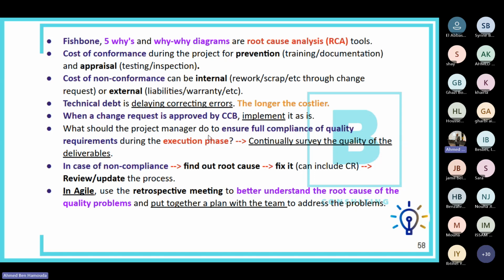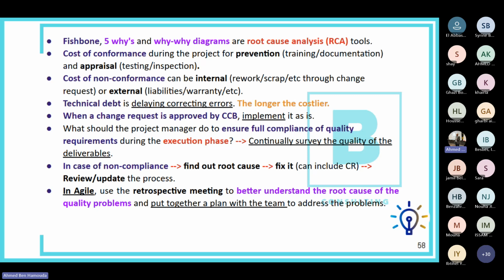What should you do as a project manager to ensure full compliance of quality requirements during the execution phase? Continually survey the quality of the deliverables. You need to develop the habit, or PMI expects that you will develop the habit, of continually surveying the quality of the deliverables.